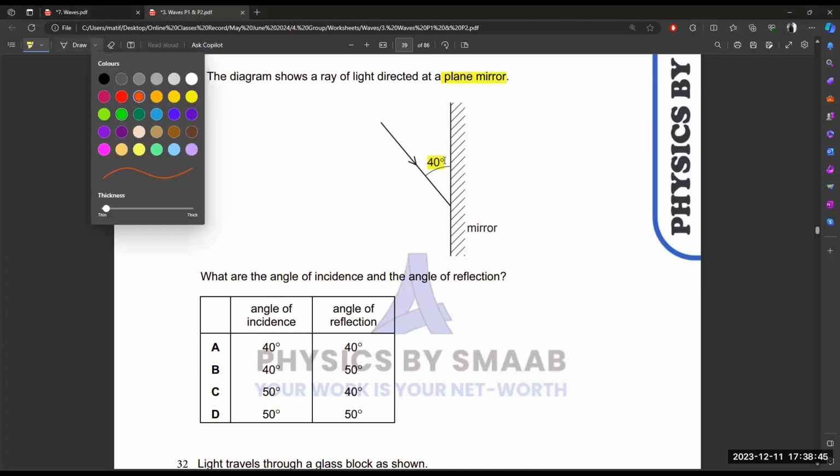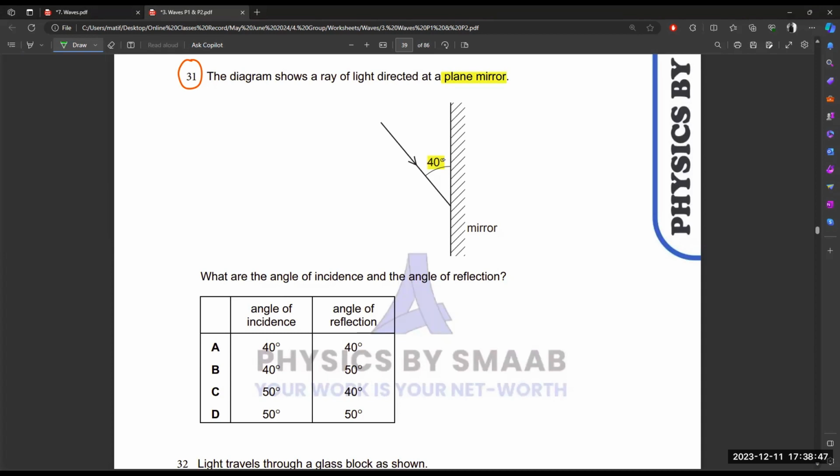Most of the time we just take the reference from the angle given in the question. So we have to make a normal, and when you make the normal, you realize that we have to measure this angle. So yes, D is your right answer. Your angle of incidence is actually 50.